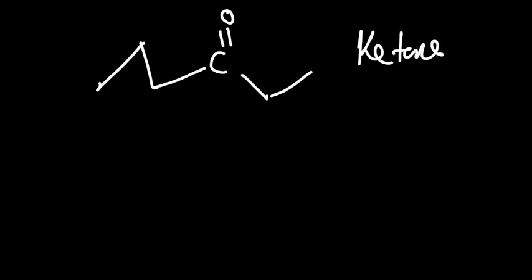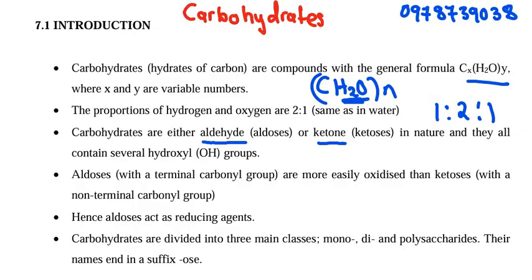So this is a ketone sugar, or rather we call it a ketose sugar. That's basically how we're going to be differentiating this. So in as much as we are saying there are 4 classes, those 4 classes sometimes can have these structural differences. The structural differences just depend on the location of the carbonyl group. That's what we're basically trying to put across.